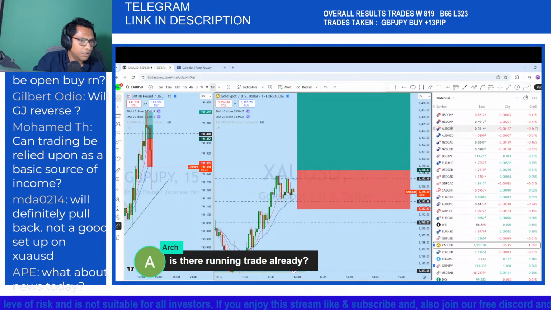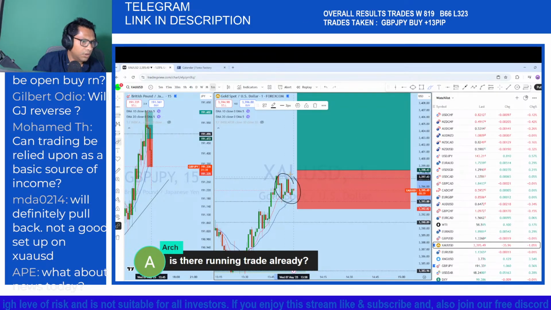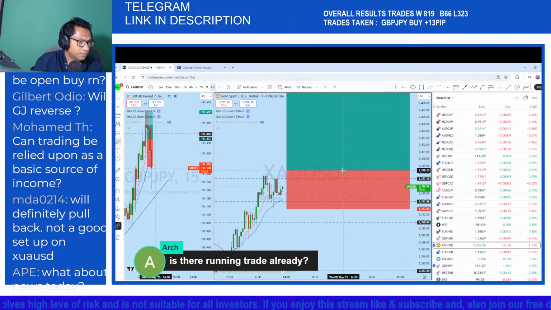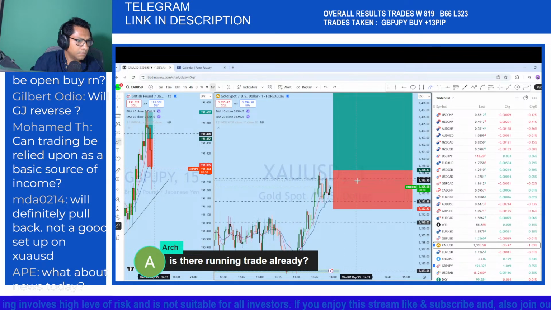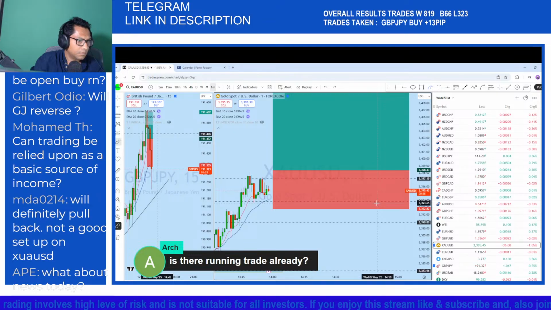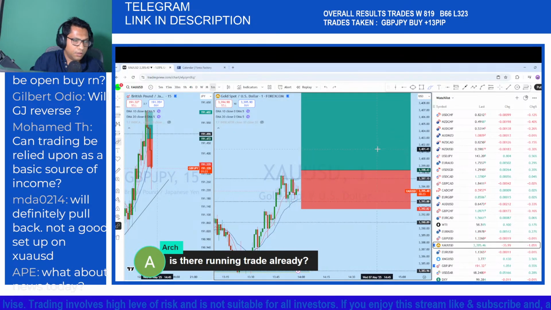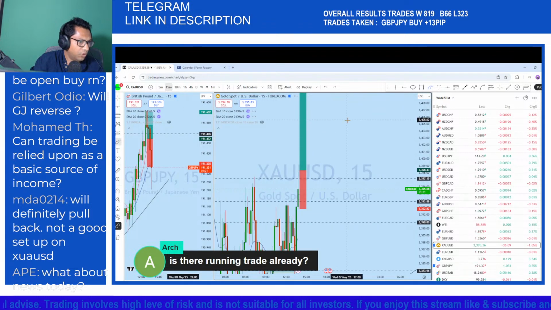Here we can see a narrow triangular structure formation. This structure may even break below. 2 minutes remaining for the 4-hour close.